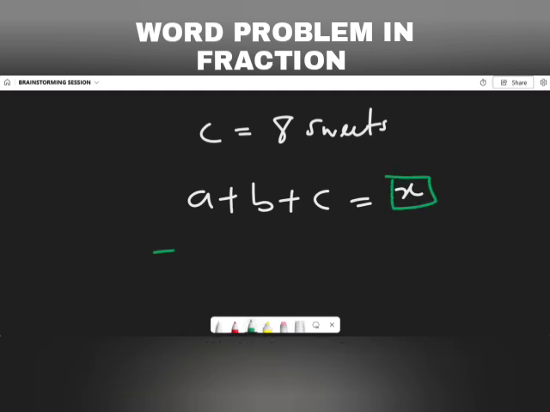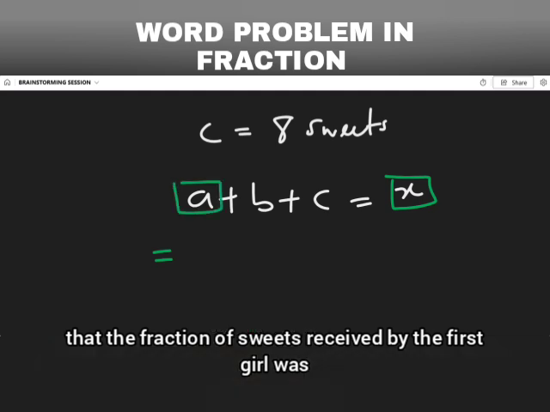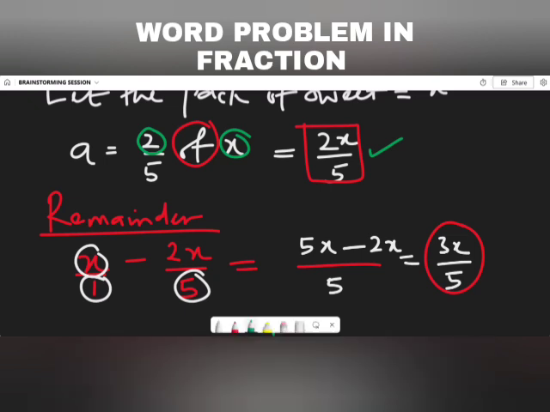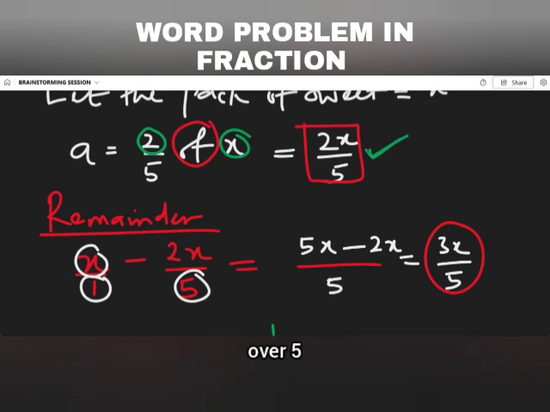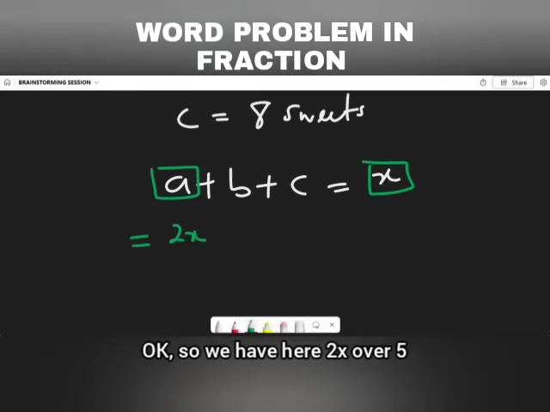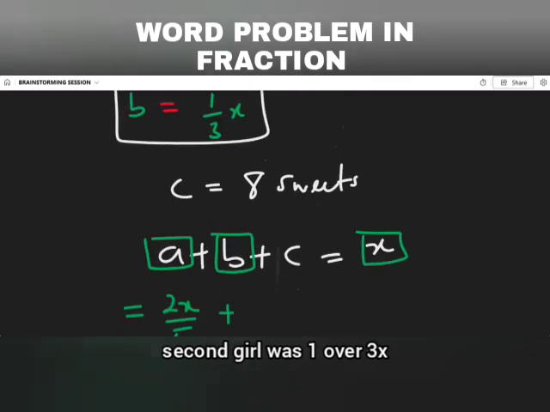And from the question, we already know that the fraction of sweets received by the first girl was 2x over 5. So we have here 2x over 5 plus the fraction of sweets received by the second girl was 1/3x.